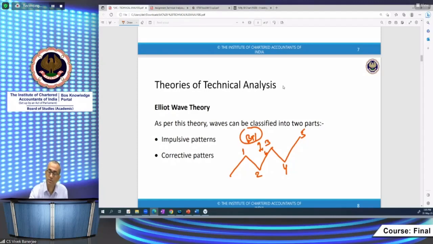Once it breaches this level, the technical analyst tends to buy.